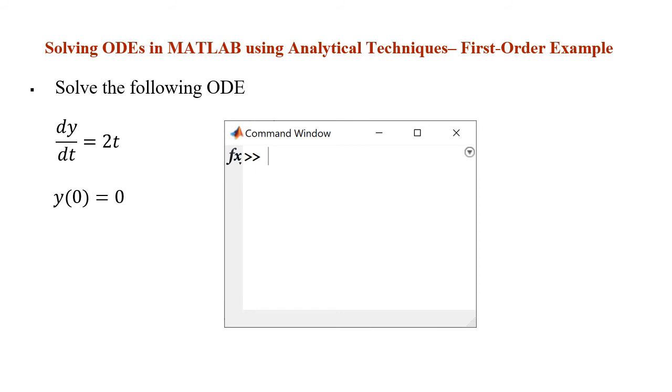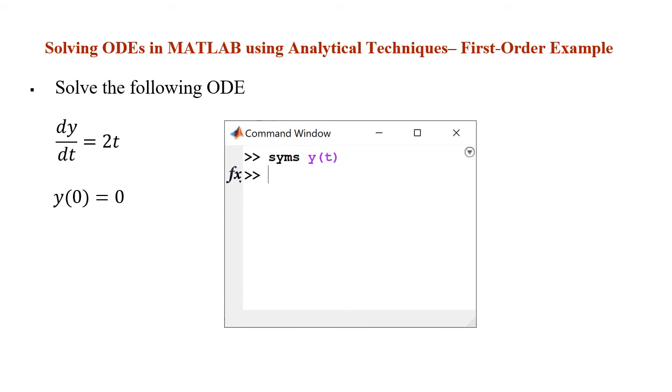So the first thing we need to do is create a symbol for y of t. We'll say syms y(t), because we want to solve for y as a function of t, and we're given that the derivative of y is equal to 2t. Now I can find dy/dt by simply calling diff(y) to get the first-order derivative.